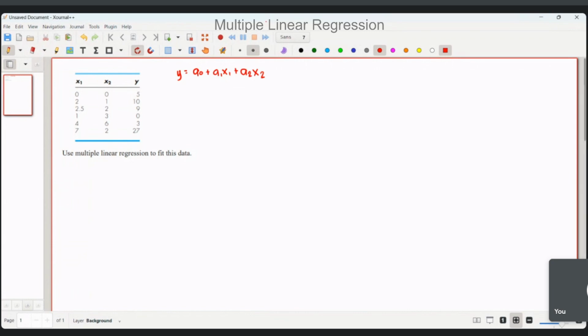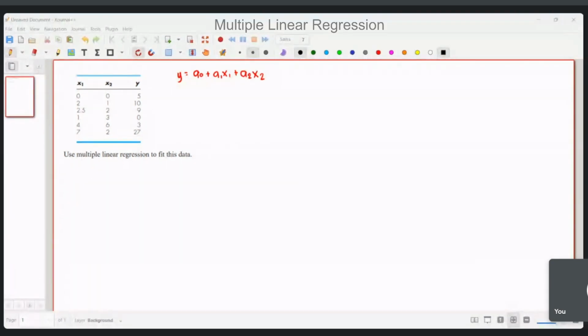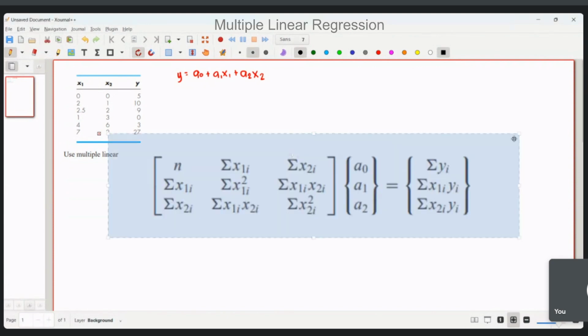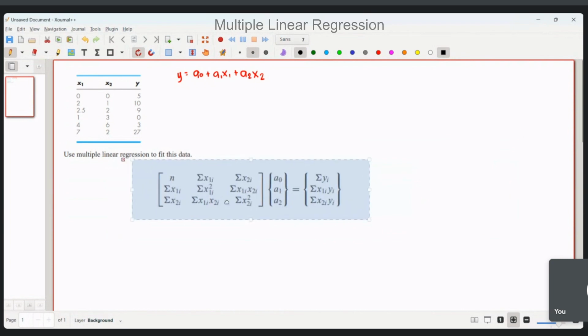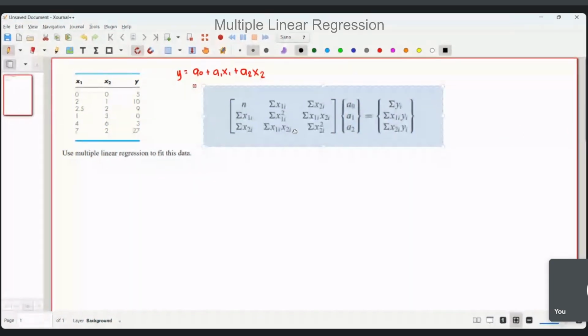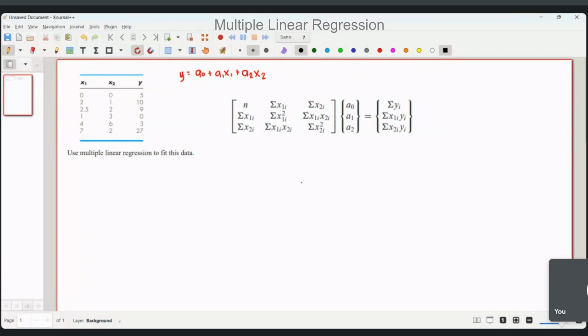Okay, now to find that, guys, we need to make use of this matrix. Let me just copy it. Okay, that one.